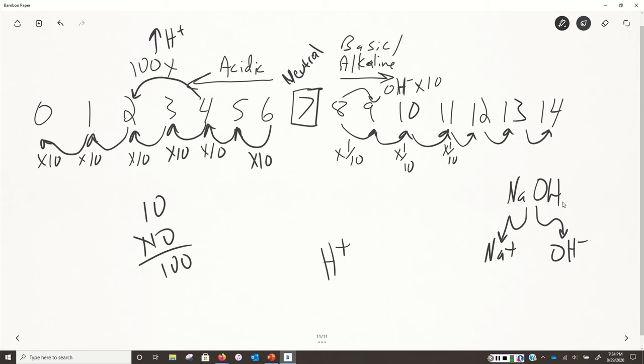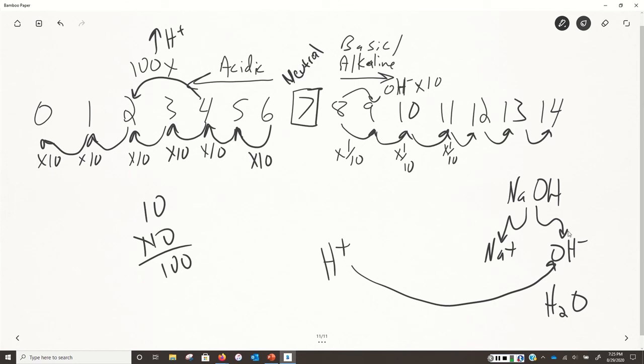Well, the NaOH is going to fall apart into Na plus and OH minus. Do you notice what's going to happen next? Well, the H plus is going to be attracted to the OH minus. Positives and negatives are attracted to each other. What do I get when I have H plus and OH minus? I end up with H2O, water.